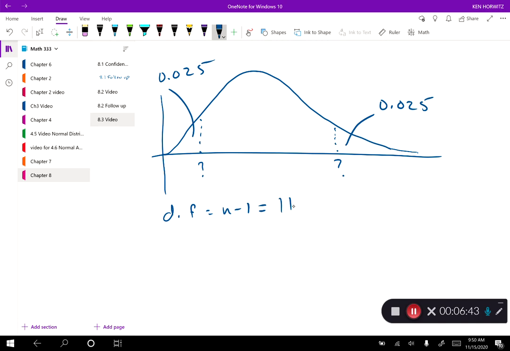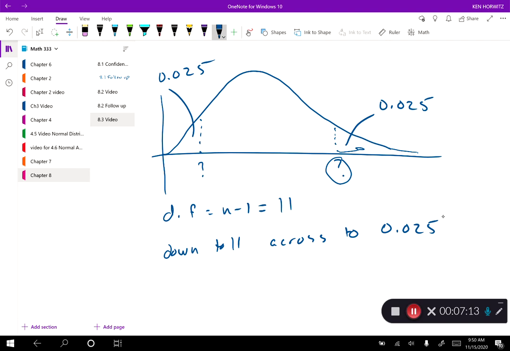So I'm going to go down the left side of my chart to 11 degrees of freedom. And because I'm getting area to the right, if I'm going to get this value, this area to the right is 0.025. So I'm going to go down to 11 to 0.025.